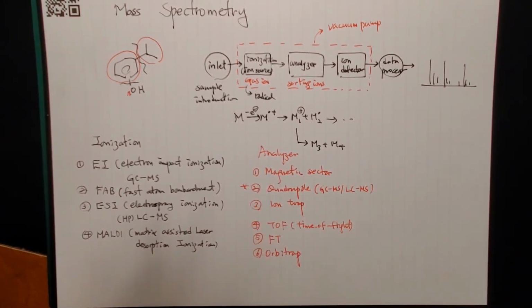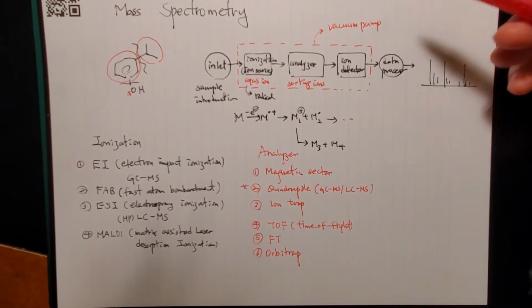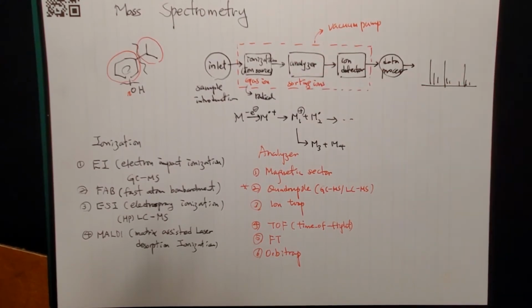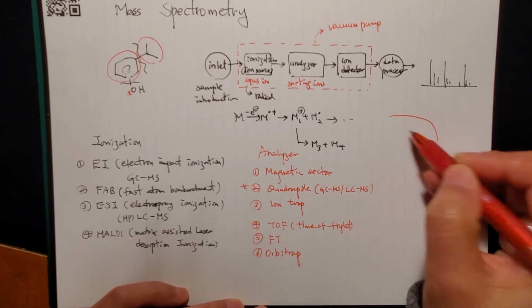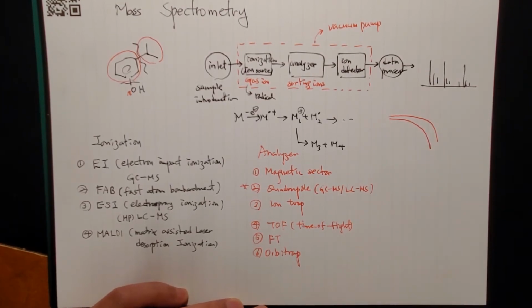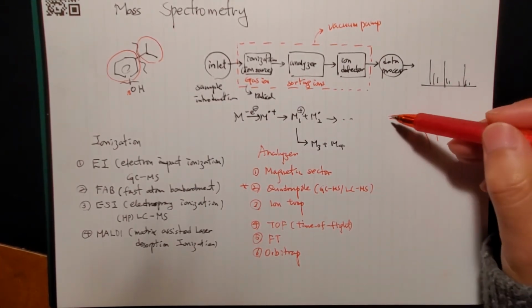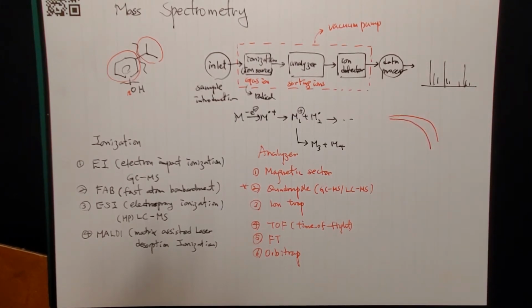Here, these are the methods being adopted for mass spec to analyze the ions according to their mass to charge ratio. Magnetic sector is one of the first methods developed. What you have is actually a tube connected with a voltage in order to neutralize the ions that are not going through the tube.